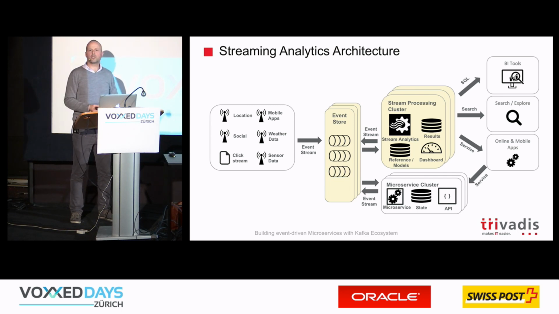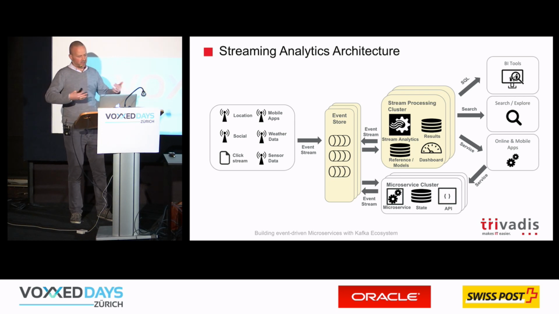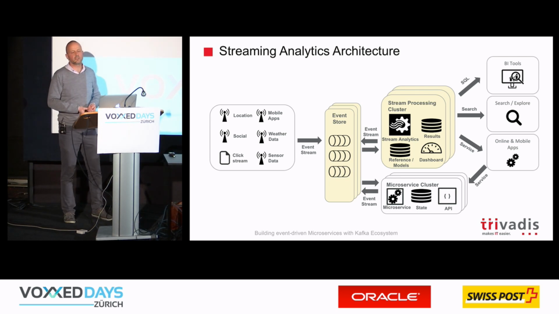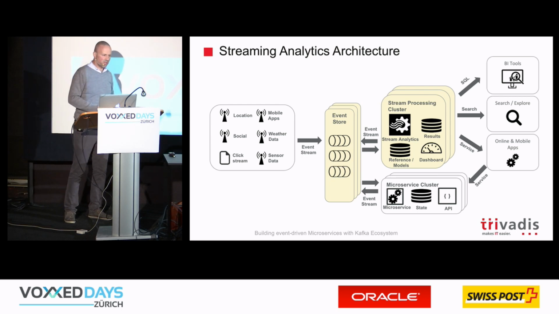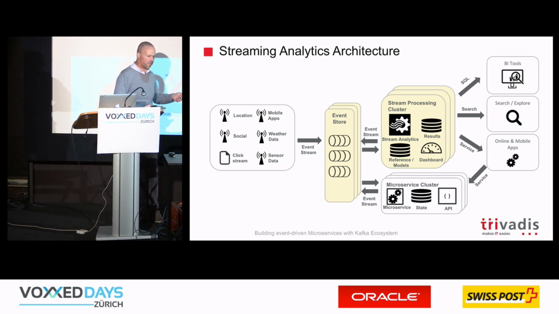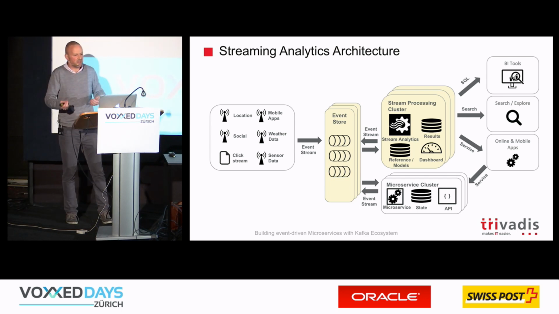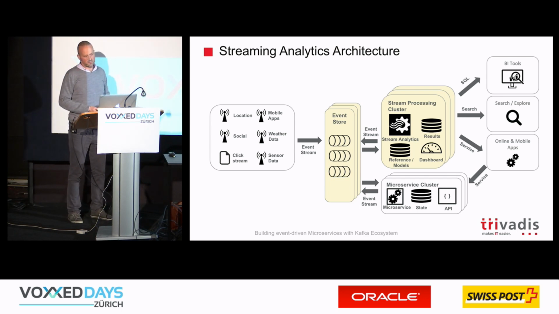So a microservice could be a subscriber. If it scales, if it can handle the throughput, the number of events, then why not? But the question here is more, what kind of functionality do I need? Stream processing systems provide you different functionality which you don't have in a normal Java or Scala-based implementation or programming language, like windowing over a stream, like a moving average over a window of time.